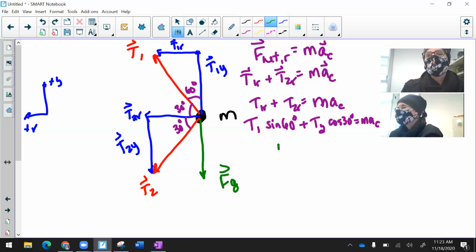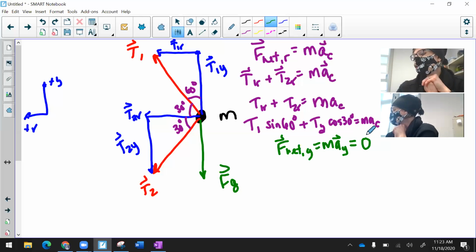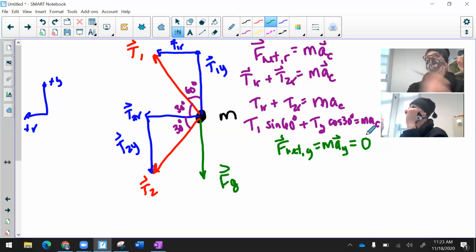Yeah, the y direction. So I'm going to have F net y is equal to MAY, and that's going to be equal to what? 0, right? Because my ball isn't bopping up and down, it's just going around in this level circle.